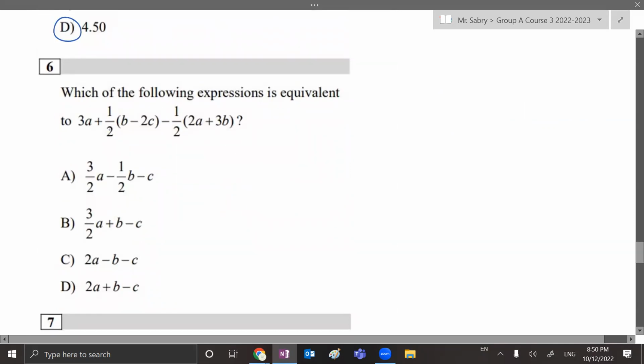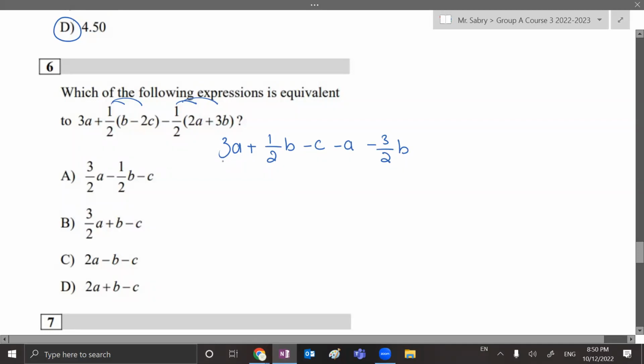Number 6. This is a simplification process. The 3a for the time being will remain, but I'll distribute anything outside the parentheses. So half times b will become half b, and then half times negative 2c is just negative c. Now negative half times 2 is negative a, and then negative half times 3 is negative 3 over 2 b.